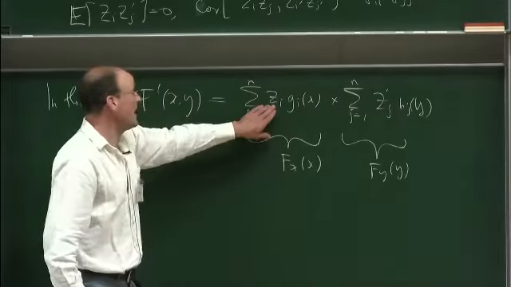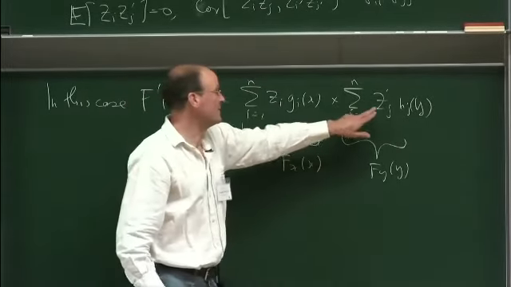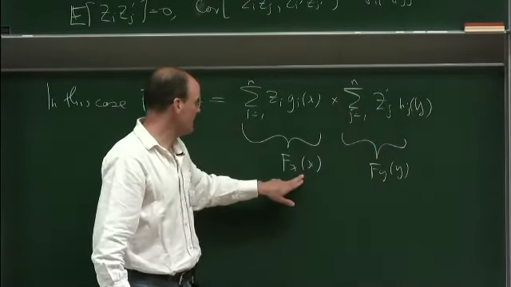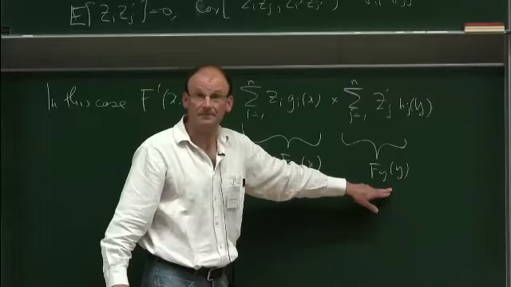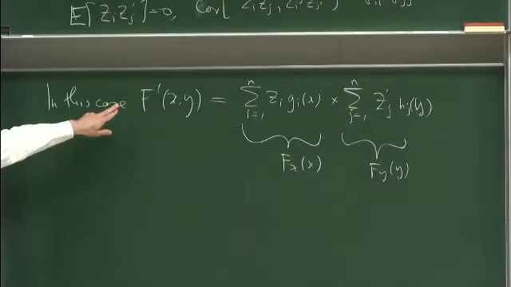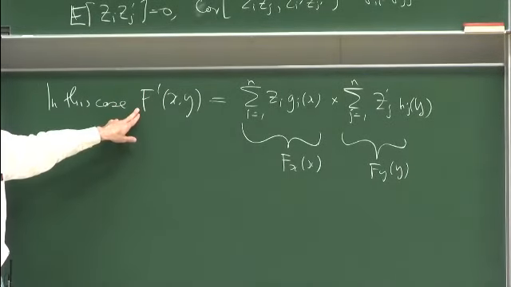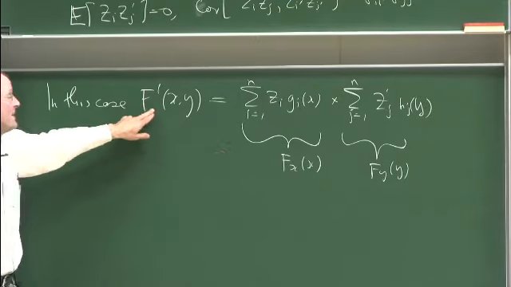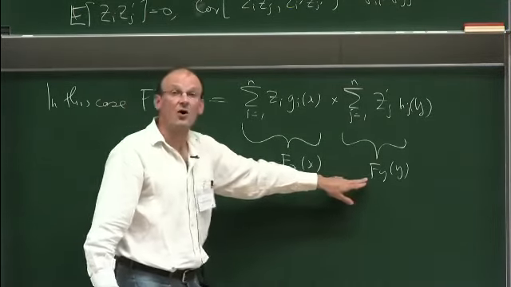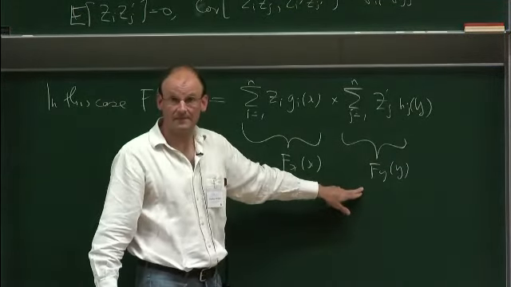And because this family of z_i's are uncorrelated with the family of z_j's, this thing here is uncorrelated with this thing here. Okay? But f prime has the same mean and variance as f. But it doesn't have the same distribution, but it is separable into the product of uncorrelated processes, one in x and one in y. Okay?